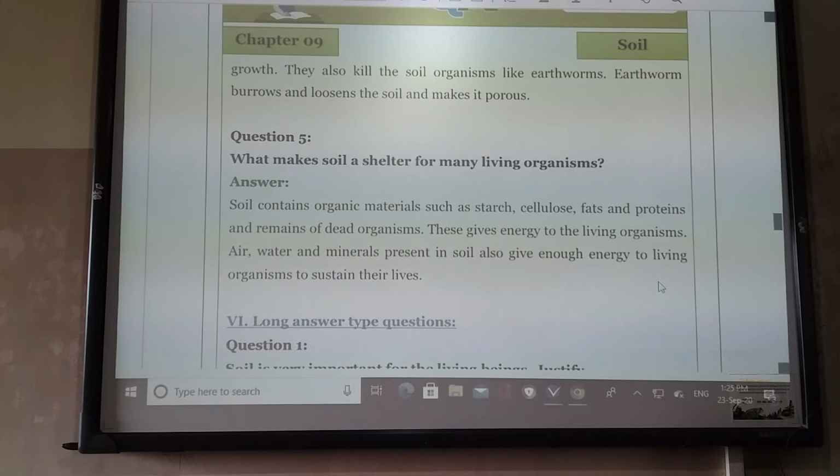These give energy to living organisms. Along with the air, water and minerals present in the soil, they give enough energy to living organisms to sustain their lives. In this way, soil is a shelter for many living organisms.